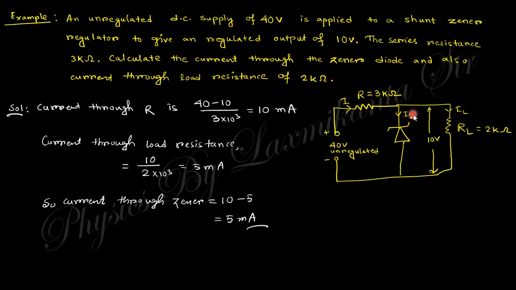Calculate the current through the Zener diode and also the current through the resistor. So current through this resistor is nothing but this voltage difference, that is 40 minus 10, so this current will be 10 milliampere. The current through the load resistance is nothing but this voltage over the resistance, so this can also be found out as 5. So this is 10, this is 5, so current through the Zener is 5. Simple.